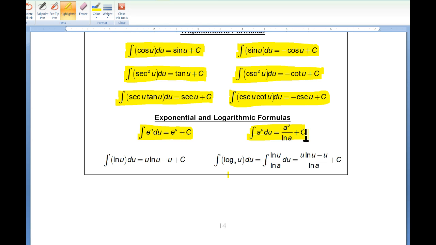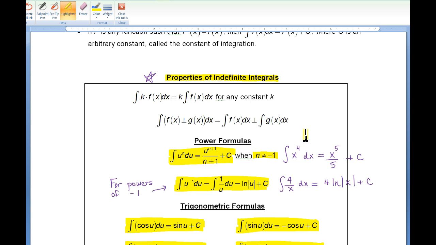For the a to the u, why is that different than u to the n? Because this is for variables in the exponent. The ones that I was showing you previously, u to the n, that's when the power is a real number.